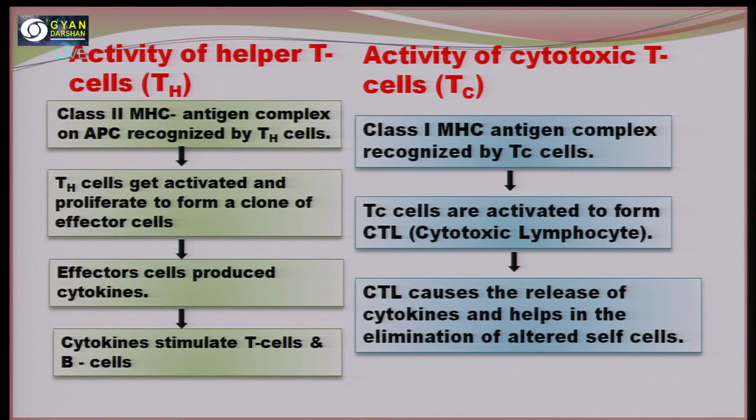The T helper cell gets activated and proliferates to form a clone of effector cells. The effector cells produce cytokines, and cytokines stimulate T cells and B cells. So basically they maintain the cycle of your immune response.